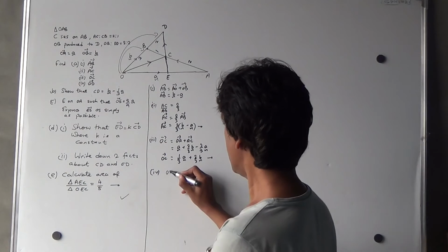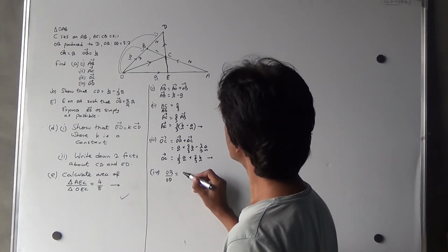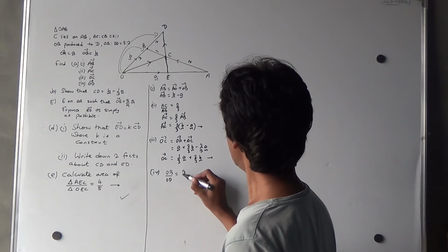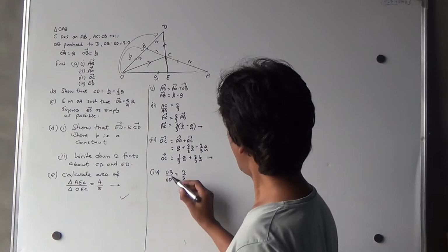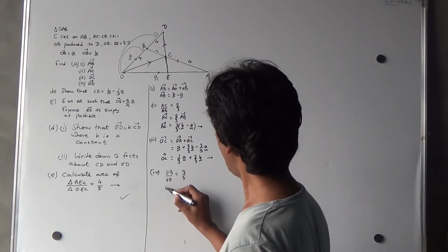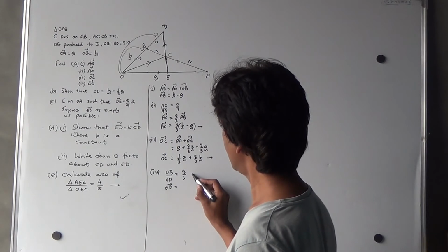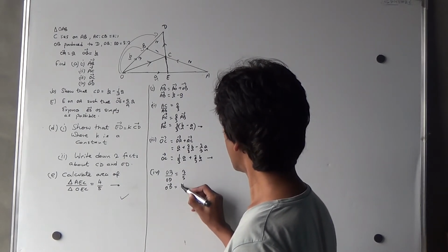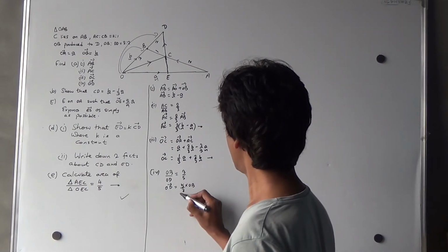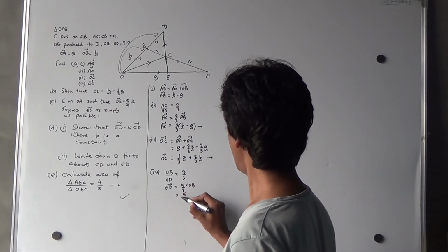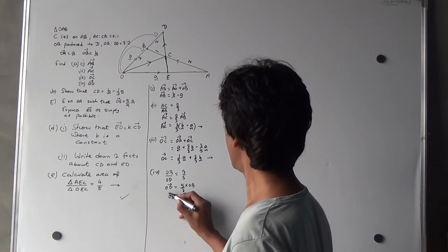So OB over OD is equal to 3 over 5. OB is 3 and OD is 5. We want OD, so OD is going to equal 5 vector OB, with the 3 coming down to divide. So we get 5 over 3 vector B. So that's the vector OD.